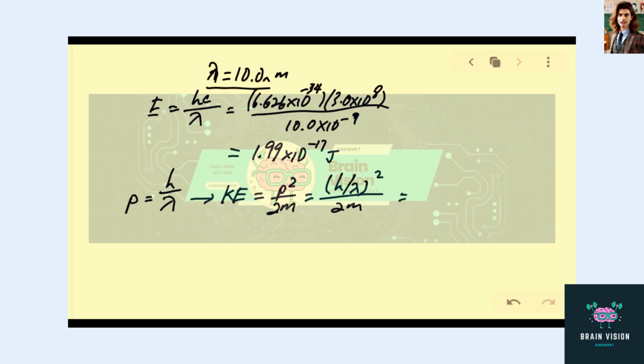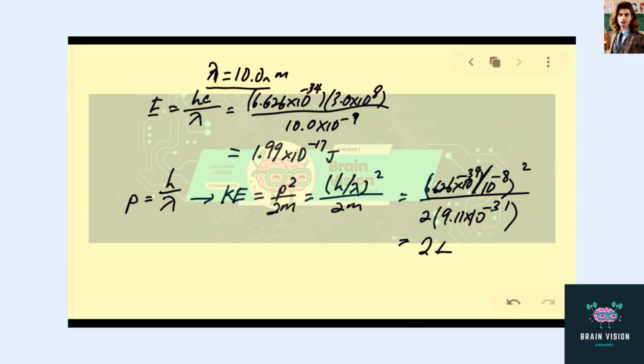Substituting in lambda to be 10 nanometers, we should get our kinetic energy to be about 2.41 times 10 to the power minus 21 joules.